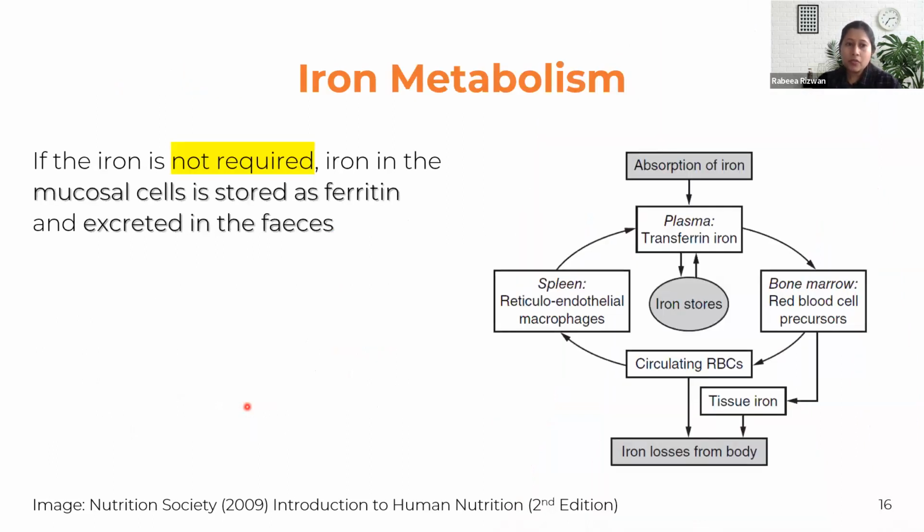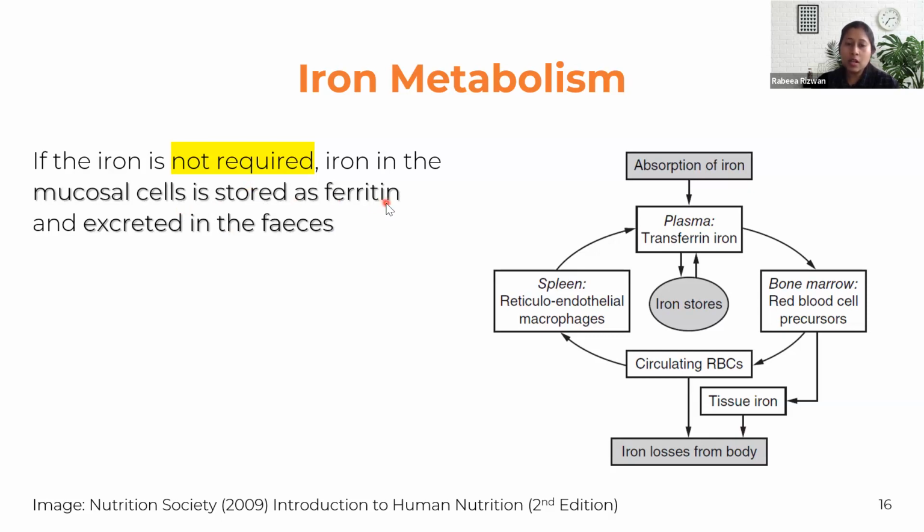Now the metabolism of iron. Iron is required by our body, but what happens when we take an extra amount of iron? What happens if the extra amount of iron is absorbed and the body does not need more?